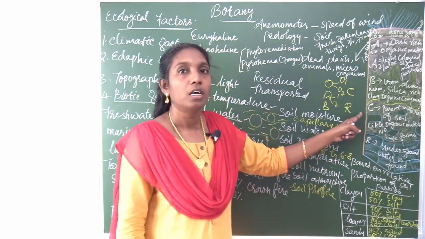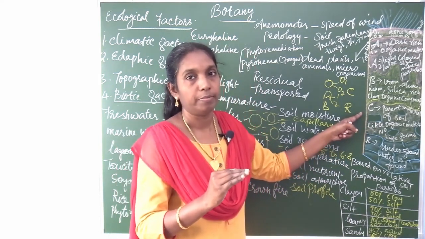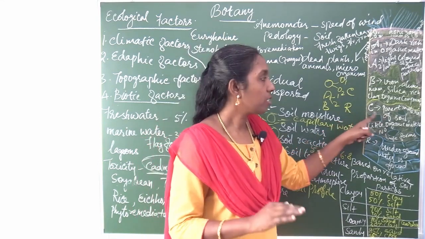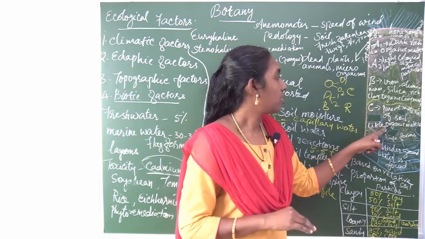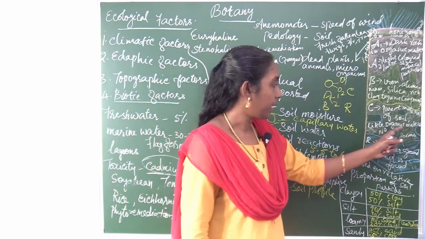One word question: where is there no life form? In the C horizon. What is the reason? Because it is the parent material of the soil and contains only a little organic matter.